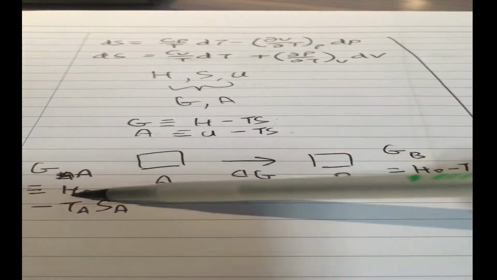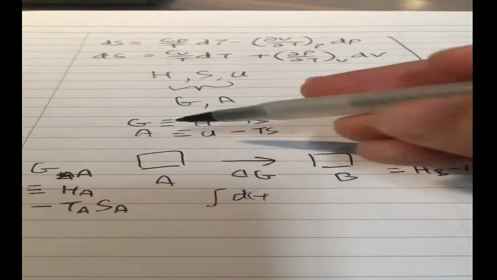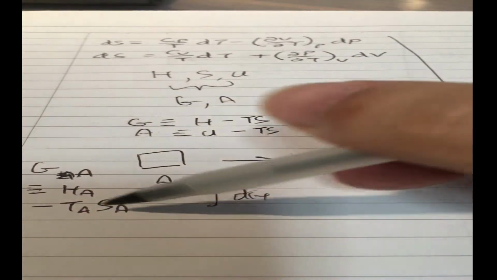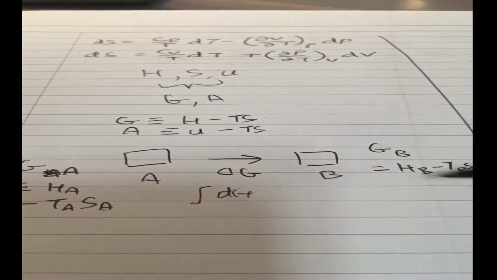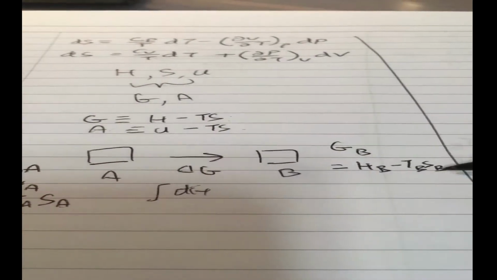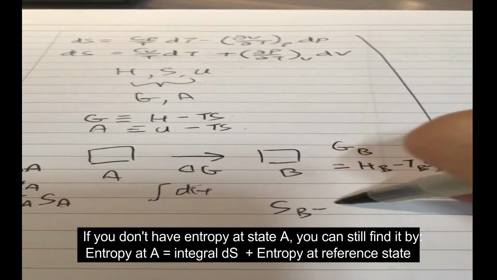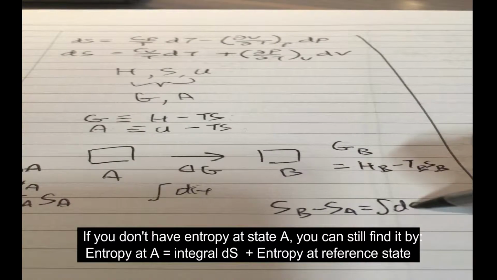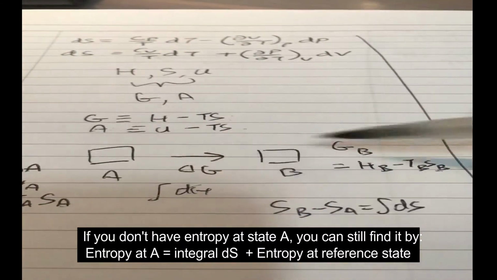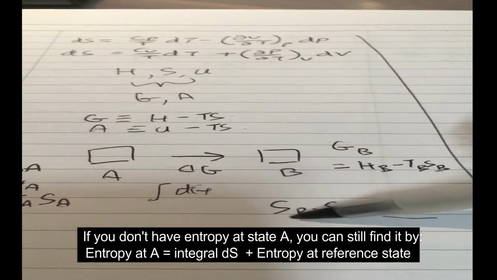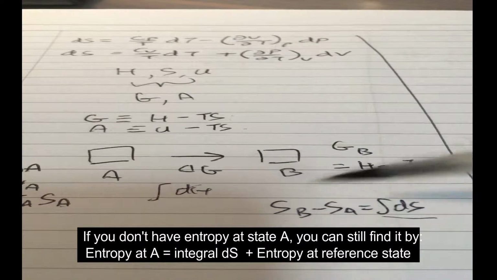Otherwise, you can find the delta H using the integral of dH, and subsequently, you can find the entropy here as a reference and an entropy here from A to B. So if you know the entropy of A, you can actually integrate to get the entropy of B. So you get S_B here and T_B.